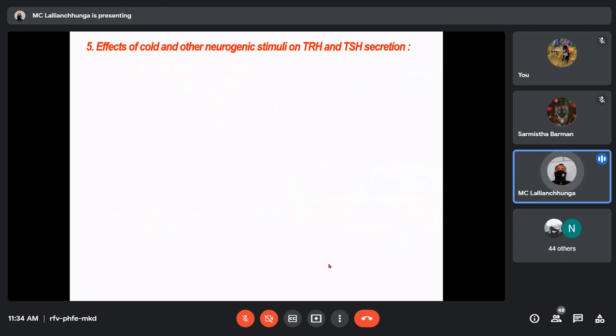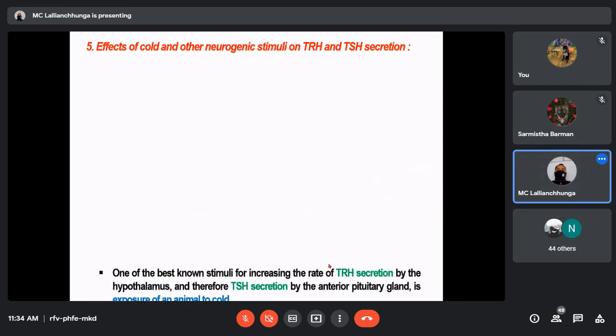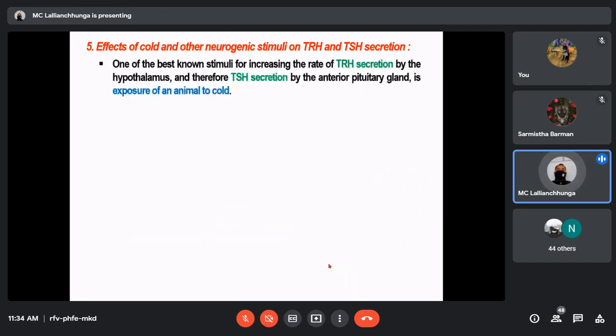So what about the next topic? It is the effects of cold and other neurogenic stimuli on TRH and TSH secretion. One of the best known stimuli for increasing the rate of TRH secretion by the hypothalamus, and therefore TSH secretion by the anterior pituitary gland, is exposure of an animal to cold.